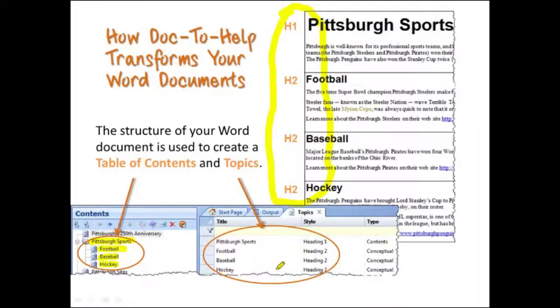And then when you look at our topics pane, where all the topics are displayed, and you could do a lot more, one of the core things it does is show you what all your topics are. Here they all are: Pittsburgh Sports, football, baseball, hockey. So that's how Doc2Help transforms your Word documents.